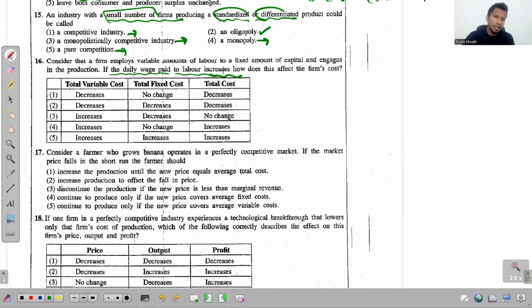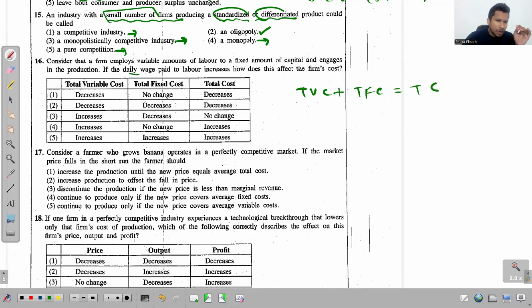Okay, so when you look at the given table, you can understand that they are focusing on total variable cost, total fixed cost, and the total cost. Let me show you the relationship among these three. The total of total variable cost and total fixed cost is equal to total cost.